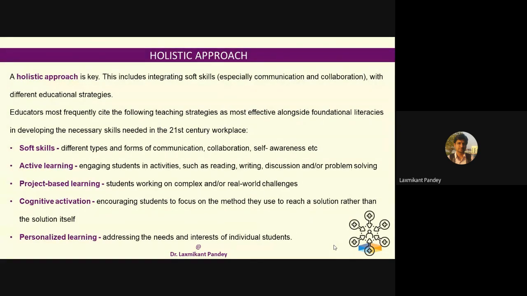There are different kinds of soft skills, like communication skills, collaboration, the teamwork, self-awareness, how to work in a team. These kinds of soft skills need to be incorporated among today's generation. So we cannot just give the information. We need to create these kinds of soft skills among the students. That is a very important thing.